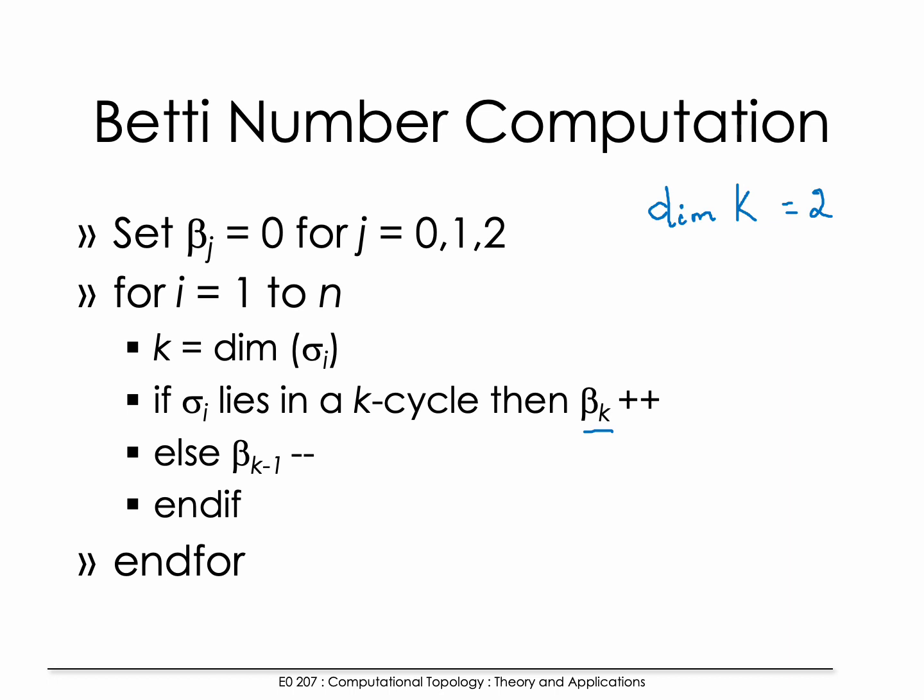So Betti sub k minus 1 is decremented. So remember that since the addition was using coefficients from Z2, the rank of the homology groups was easy to compute. Right, so this algorithm for computing Betti numbers was quite simple.